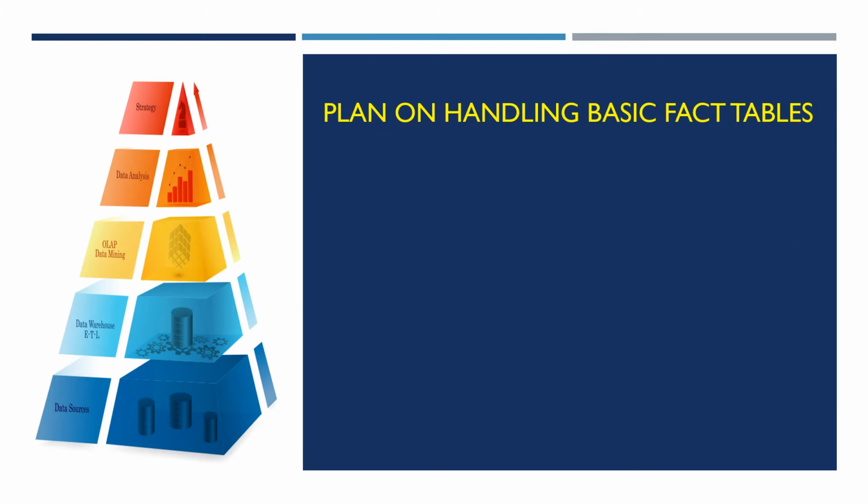My plan for handling basic fact tables is rather simple. Step 1 consists of just communication with the DBA, database administrator, whether it's our own DBAs, but as well as external companies' DBAs.